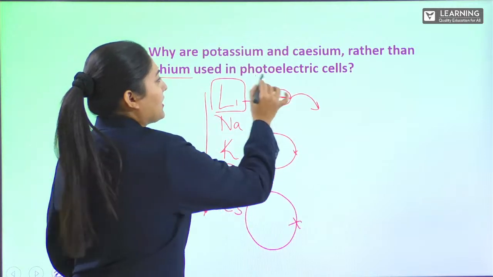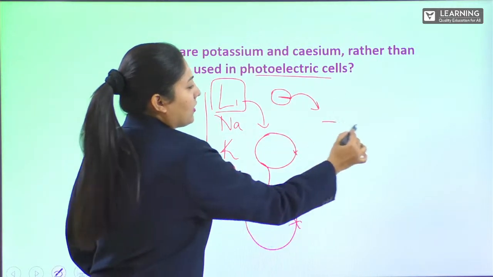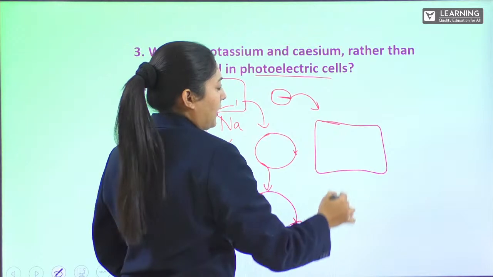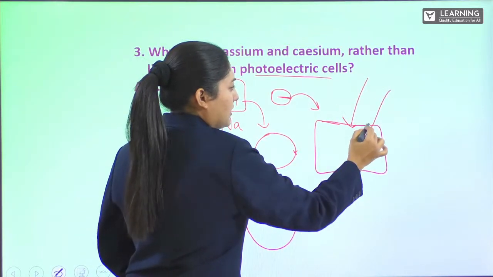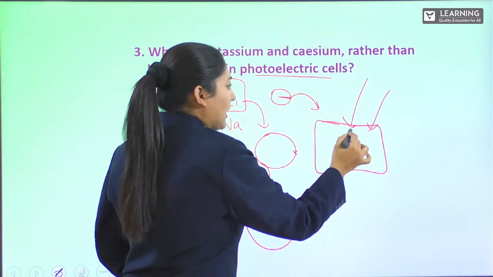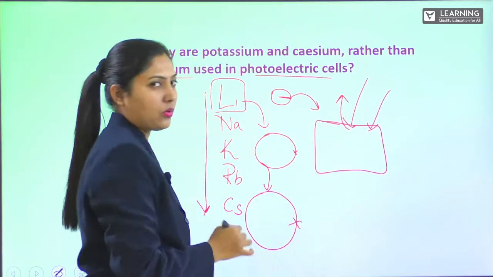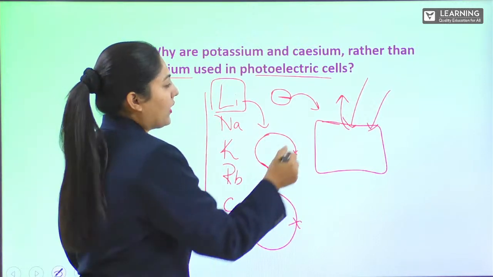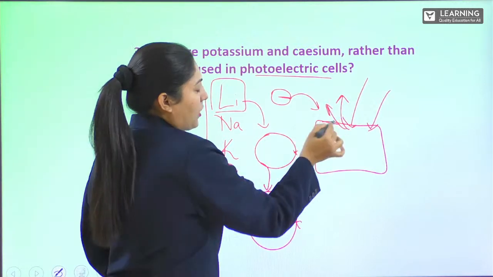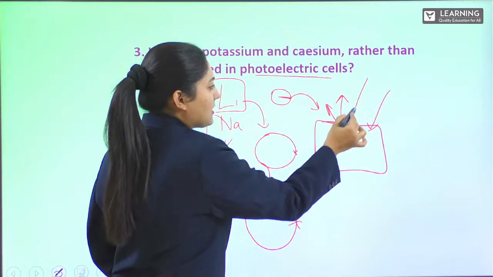In photoelectric cells, you have a plate of metal, and when light falls on it, it needs electrons to come out, which produces electricity, right? When they have to be ejected, it requires energy.